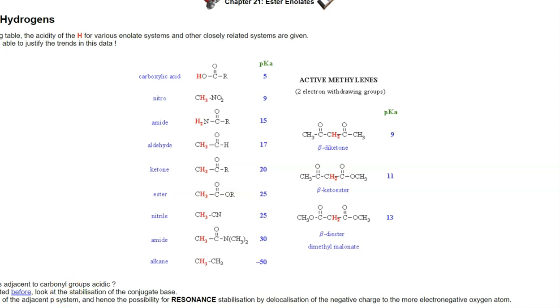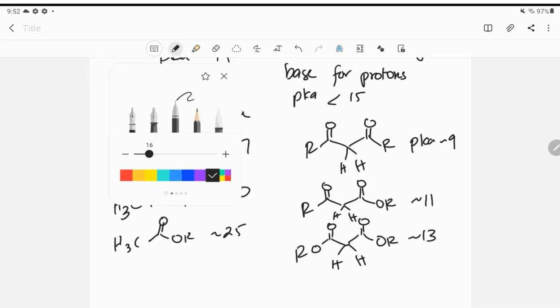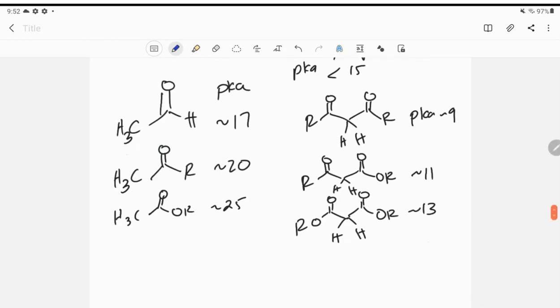Knowing these pKa's is going to be very important because this tells us that water or hydroxide can fully deprotonate these.